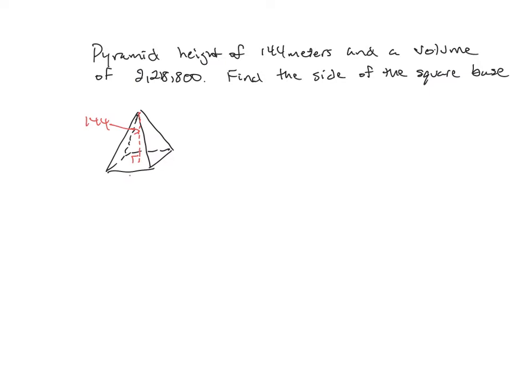Since it says it's a square, I know those two sides are the same. So what it wants you to do is just plug that information into the formula. Volume equals 1/3 area of the base times height. So it's whatever x times x, 6 times 6, 12 times 12, 400 times 400, whatever it might be.